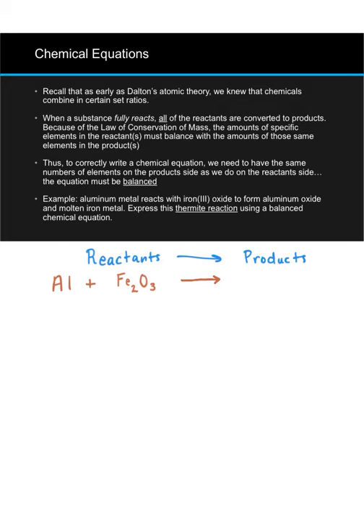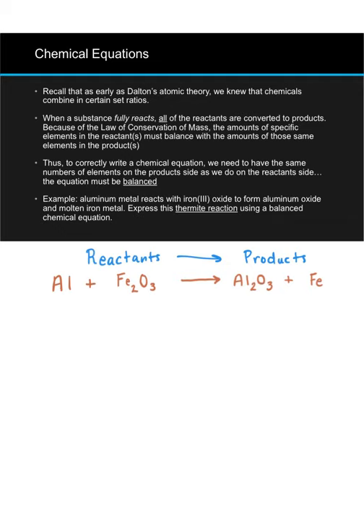Our first product mentioned in this example above is aluminum oxide. Aluminum has a 3 plus charge. Oxide has a 2 minus charge. To balance charges, we need 2 aluminums for every 3 oxides. Lastly, molten iron metal is formed, Fe.